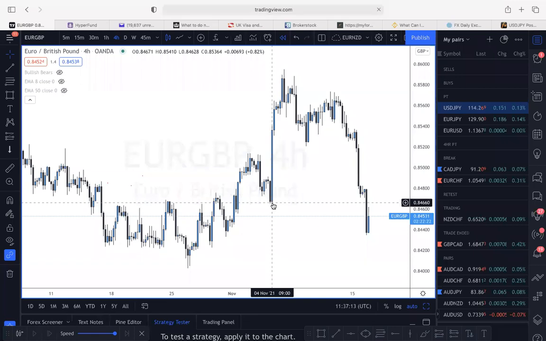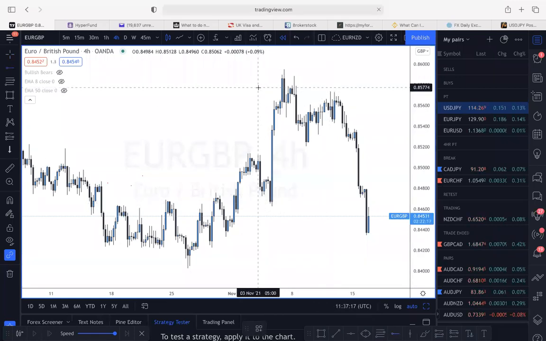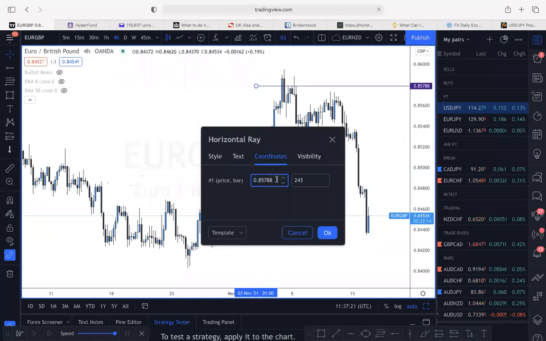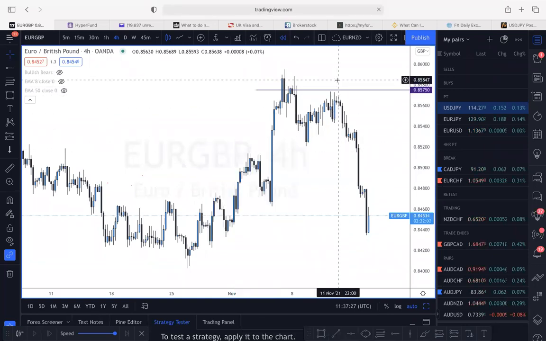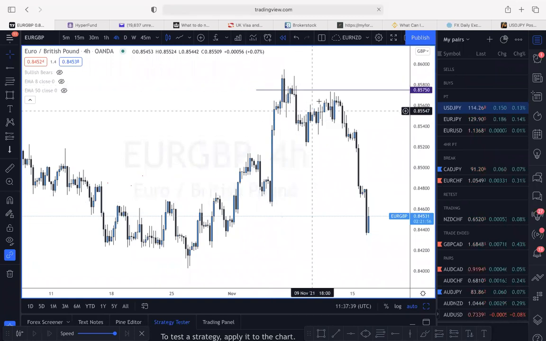When the news got released, let's put a line at 0.8575. Look at that. When the news got released, we pushed price straight to the price area. And what happened? We engineered a sell structure and then we reversed back.